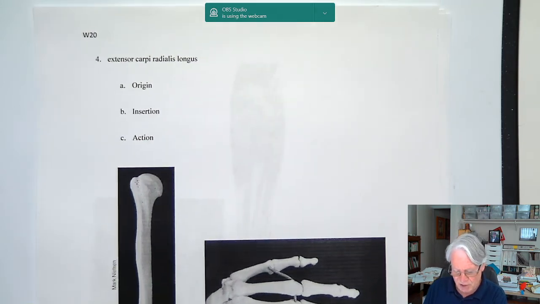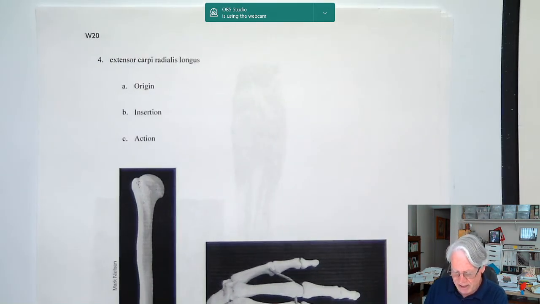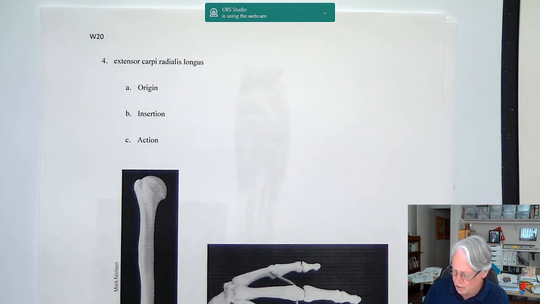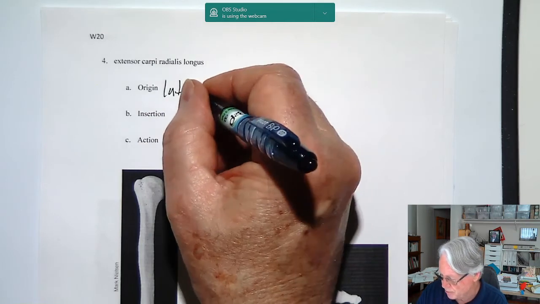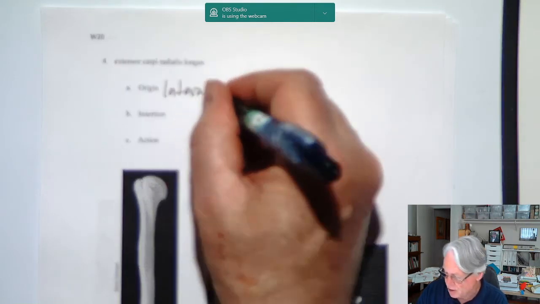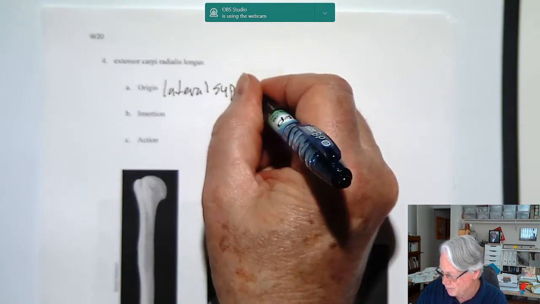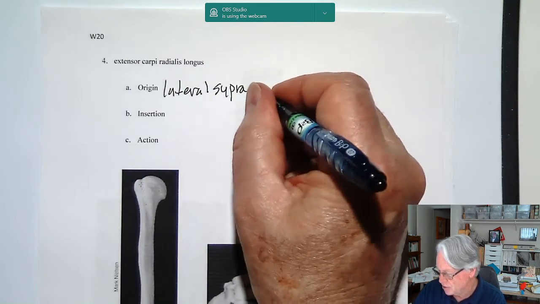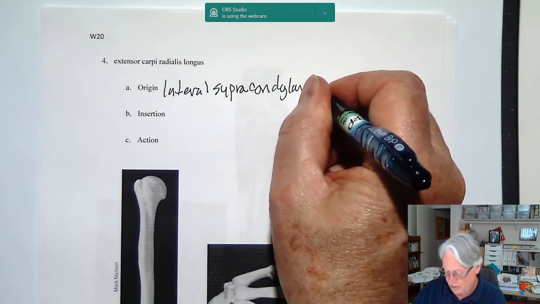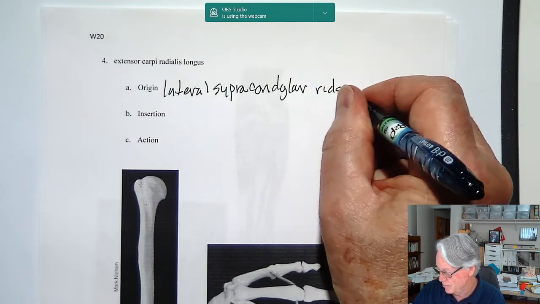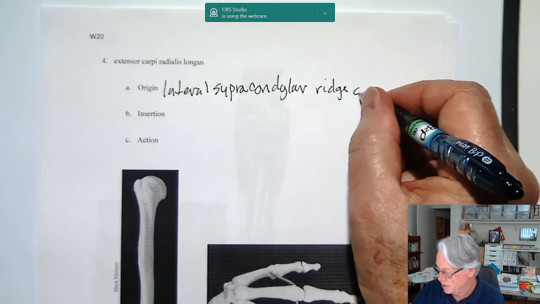So first, the information. Extensor carpi radialis longus. Origin: the lateral supracondylar ridge of humerus.